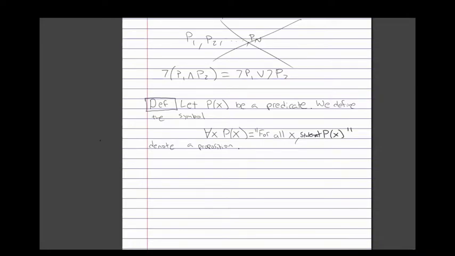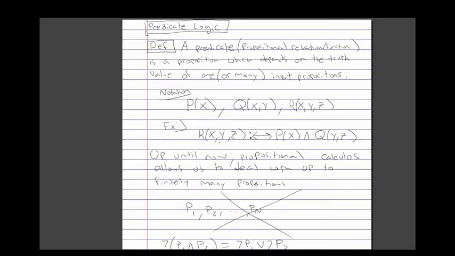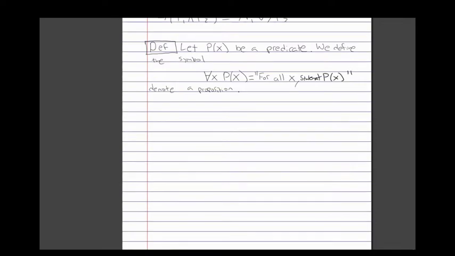And what that means is the following. If I say that p of x is the proposition, let's try this right here, x greater than 1. This is a good example just to explain what I mean.